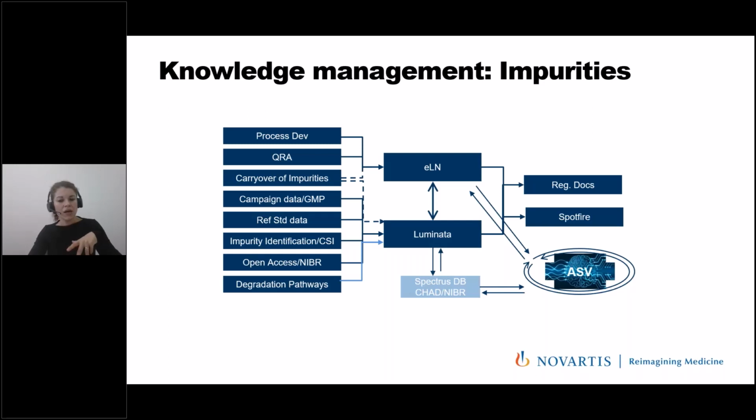So these data go into different platforms, but we are using Luminata a bit as the common point where we would bring all this impurity information together, be it from ELN, be it from ASV, and this is actually where the ASV also comes together in this picture. And out of these two, ELN and Luminata, we would feed in the regulatory documents and in Spotfire.